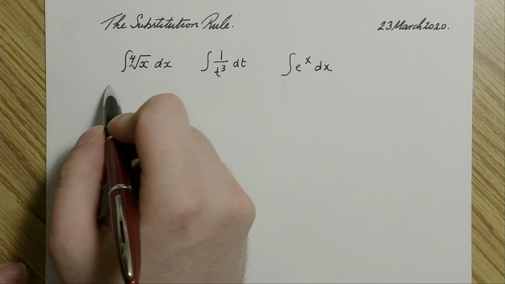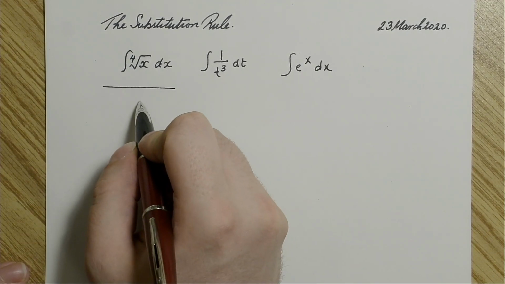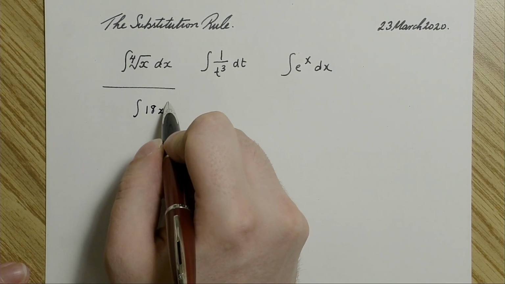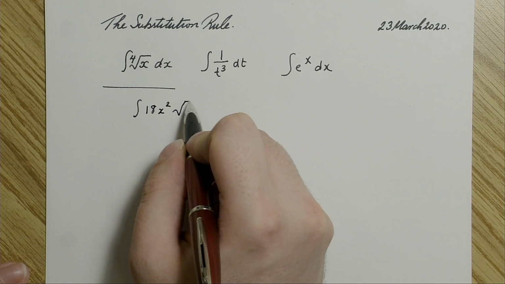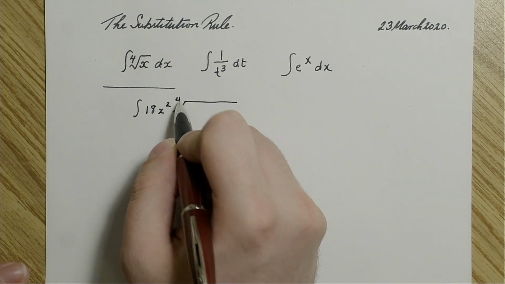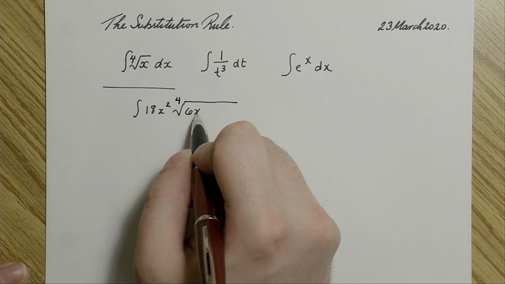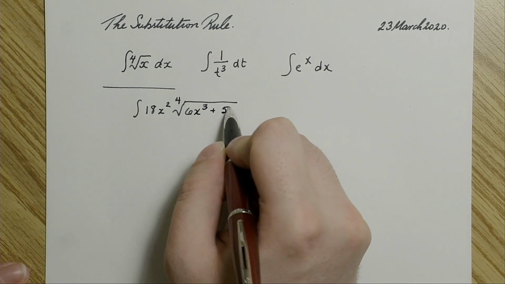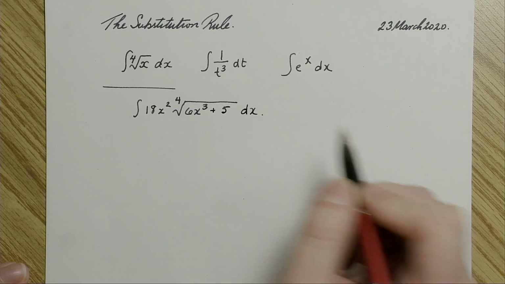We can't do something like if we had the integral of 18x squared times the fourth root of 6x cubed plus 5 dx.